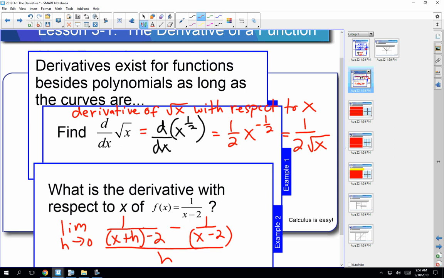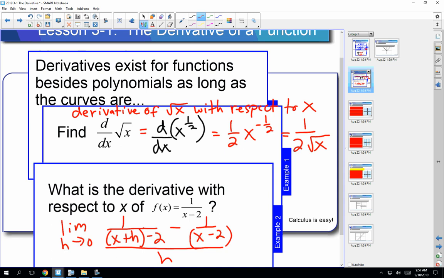Now maybe I should give you a moment to try this for practice. They're going to ask you to do something like this in the assignment. I think we should do it. Exercise left to the reader. Let's go ahead and do it now. So try this one, please, and let's see what we get for the derivative of this rational function in terms of x. Your answer will be another function in terms of x.